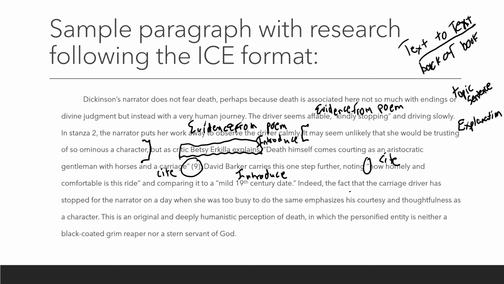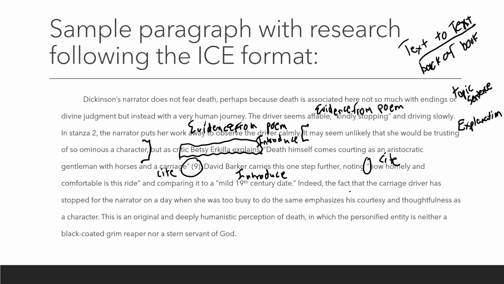Notice with David Barker, there's no page number because the article likely was found online where there are no page numbers. So we have 2 critics actually here, both being introduced and cited together in order to support the ideas from the topic sentence. And then finally, here's the explanation of the research.